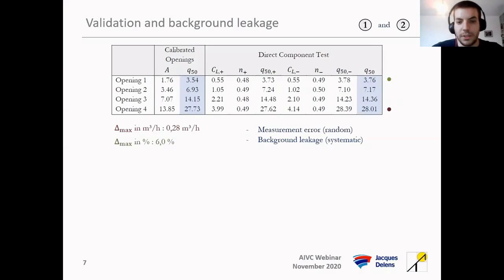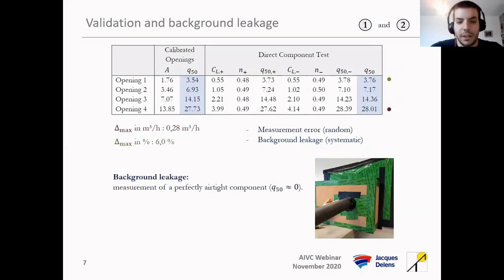And this really suggests that the background leakage has something to do with it. So to quantify the background leakage, I built a plastic sheet simply made of tapes, especially for airtightness application, and I taped my sheet on a plastered wall, and then I tried to test this plastic sheet, assuming that its airtightness performance is much higher.